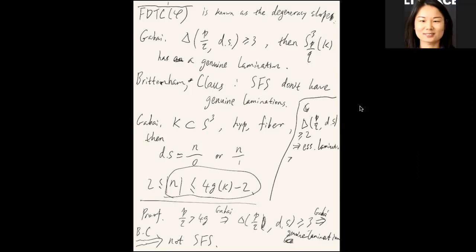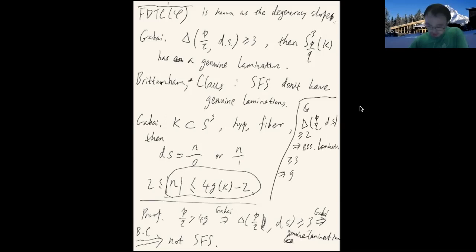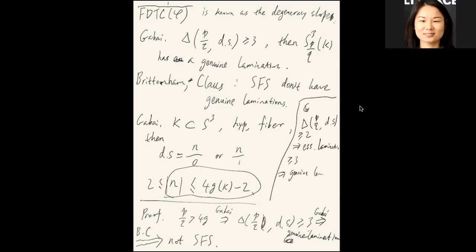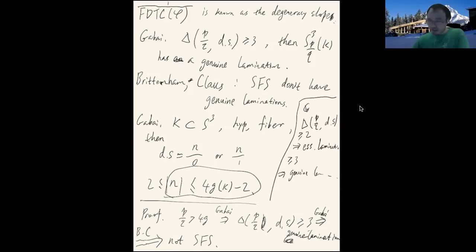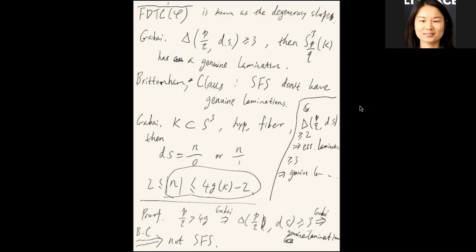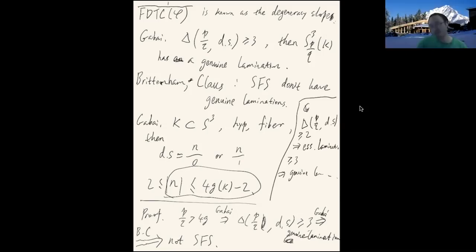And if greater than or equal to 3, this implies a genuine lamination. Oh, I see. Yeah, you want the non-trivial complement.